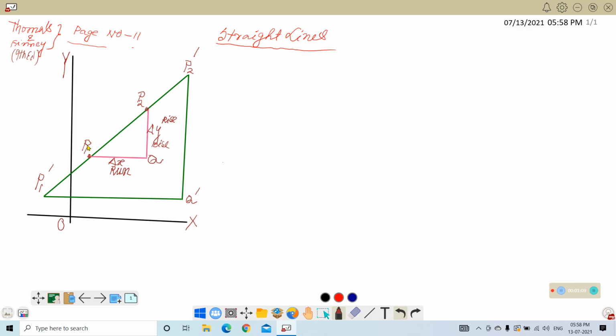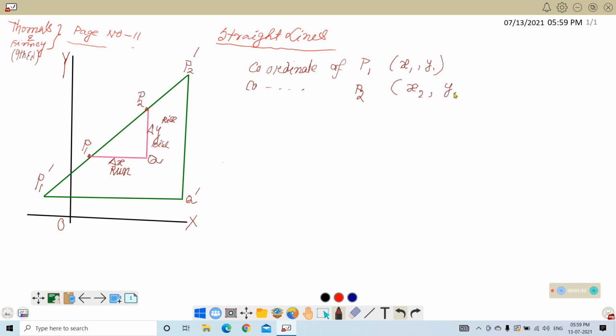The coordinate of point P1 is x1, y1 in the Cartesian coordinate system, and the coordinate of point P2 is x2, y2.